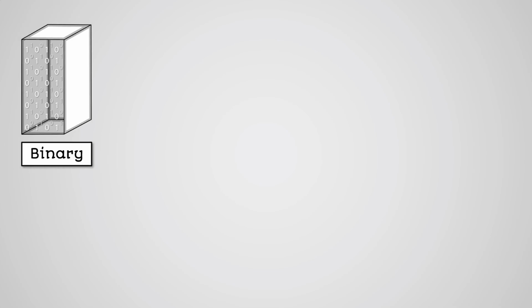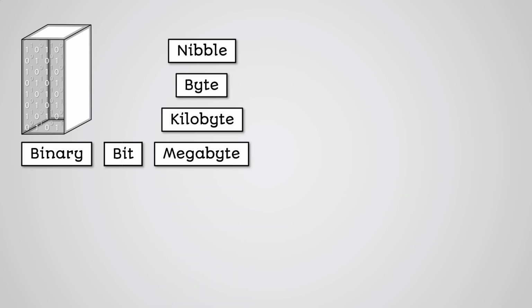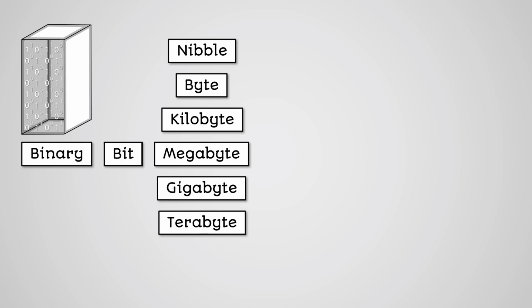So, all data exists in a computer as binary data. The smallest unit of data is a binary digit or bit, which is either a 1 or a 0. We often group bits together into larger units of data, such as a nibble is 4 bits, a byte is 8 bits, a kilobyte is 1000 bytes, a megabyte is 1000 kilobytes, a gigabyte is 1000 megabytes, a terabyte is 1000 gigabytes, and a petabyte is 1000 terabytes.